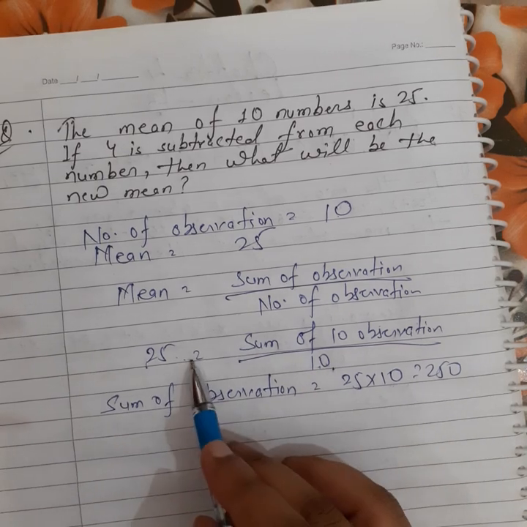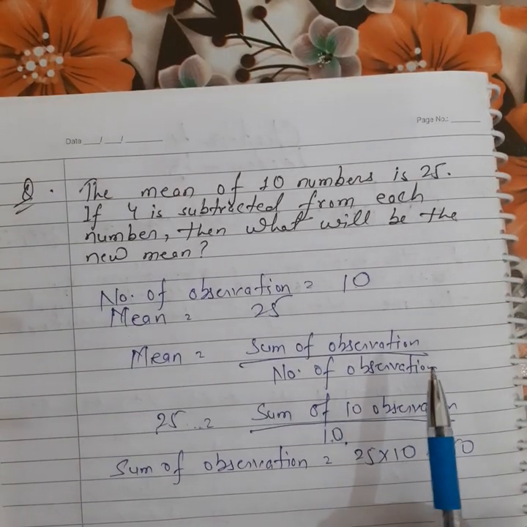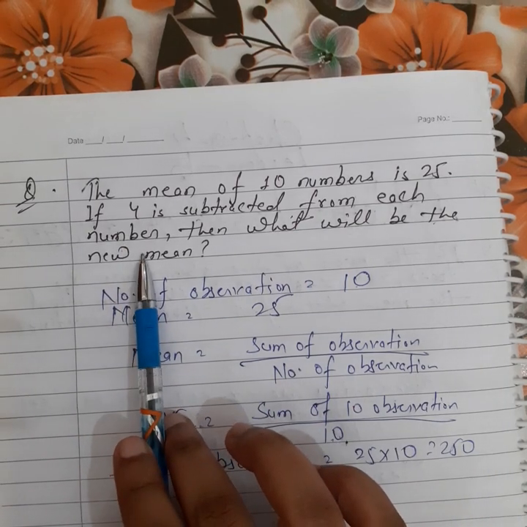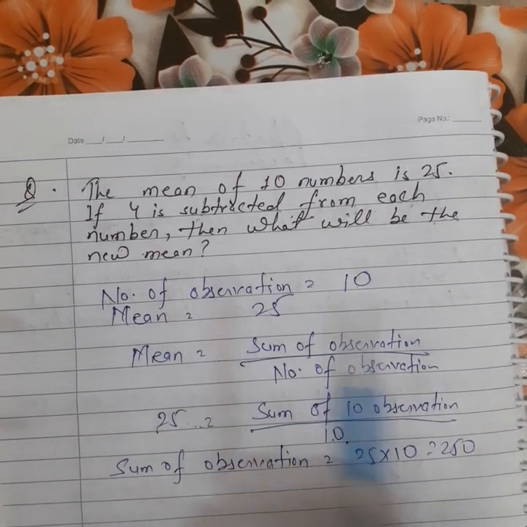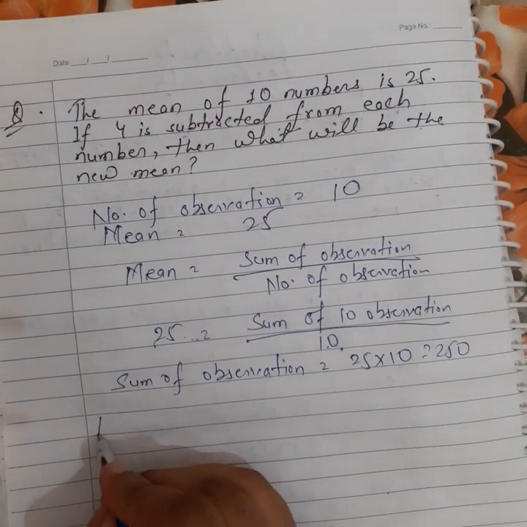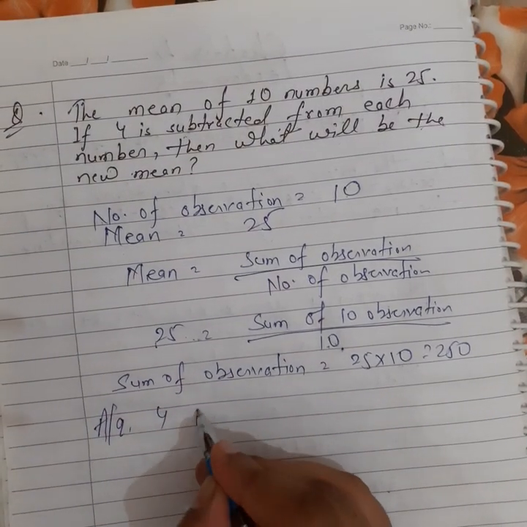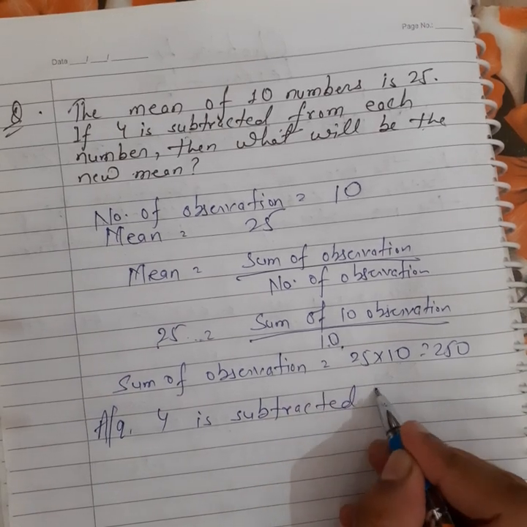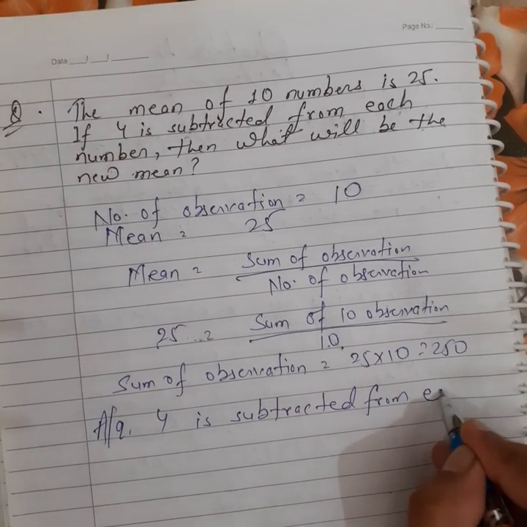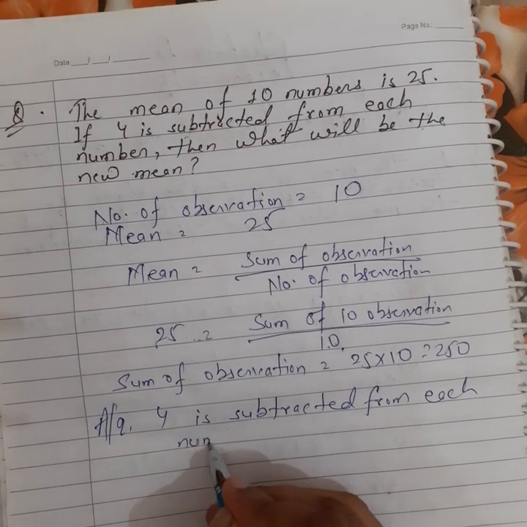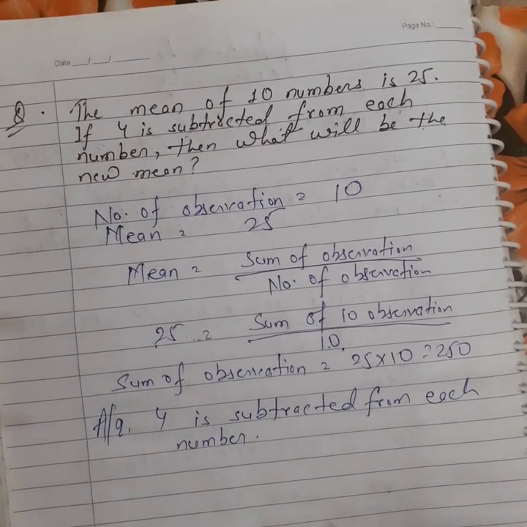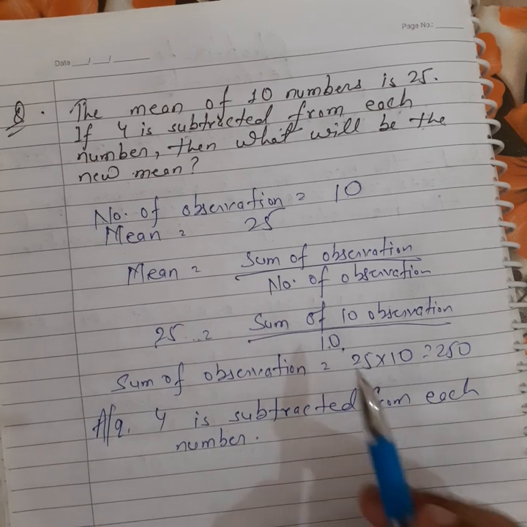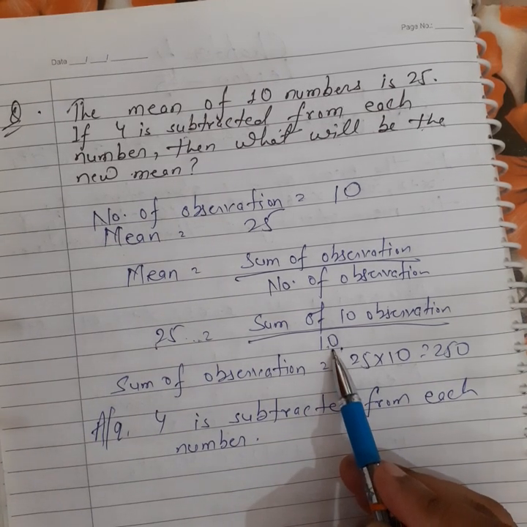We just cross multiplied. Now the question says if 4 is subtracted from each number, from each observation, then what will be the new mean? According to the question, 4 is subtracted from each number. Then how many times is 4 subtracted? 10 times, because there are 10 observations.